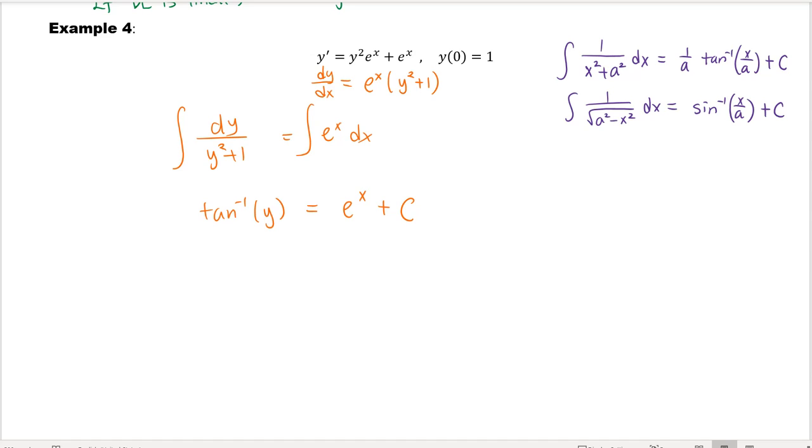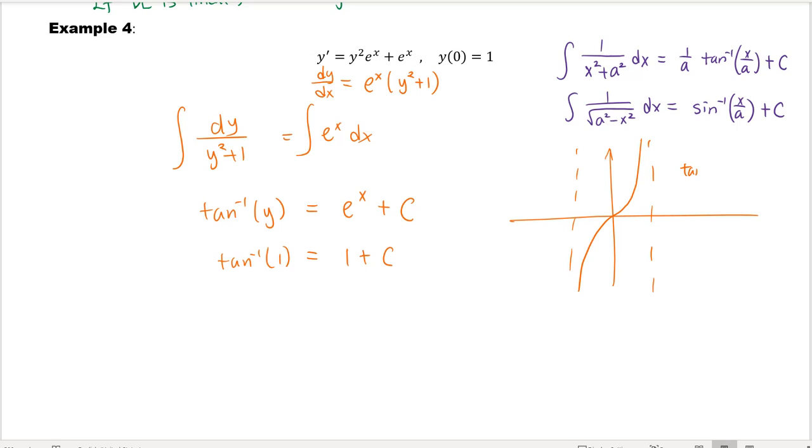Now let's plug in y of 0 equals 1. So arctangent of 1 is e to the 0 plus c. What is arctangent of 1? Well, draw the graph of tangent. This is tangent of x, this is pi over 2, and this is minus pi over 2.